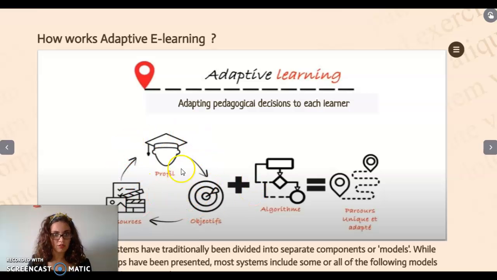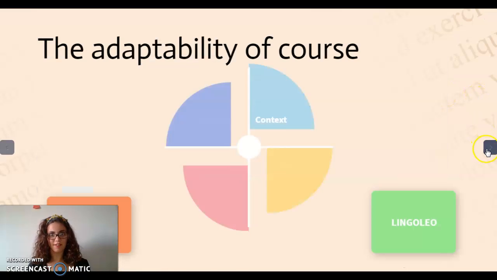For this profile, with all the goals and context, we can adapt with algorithms, with programming, this learning, and you have a path. You have a unique and adapted path. It works by adapting pedagogical decisions to each learner you have.